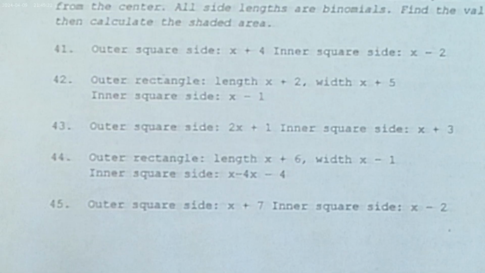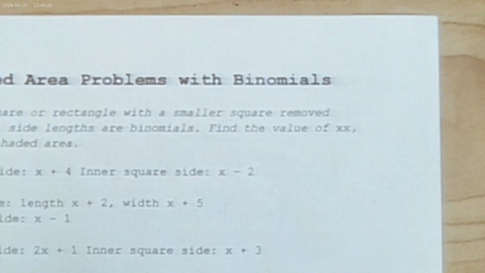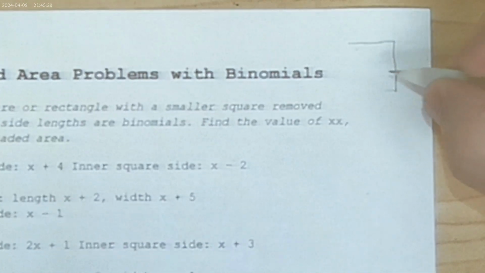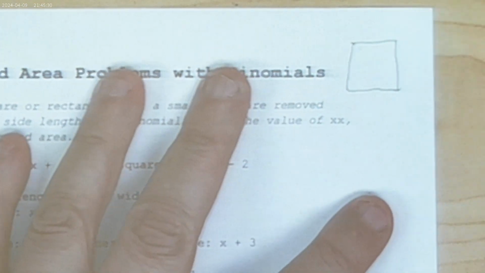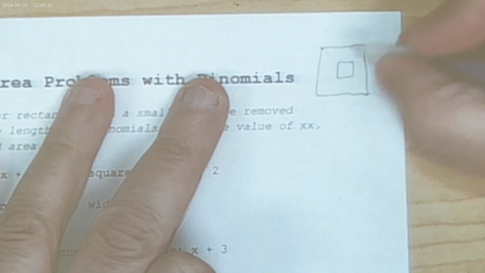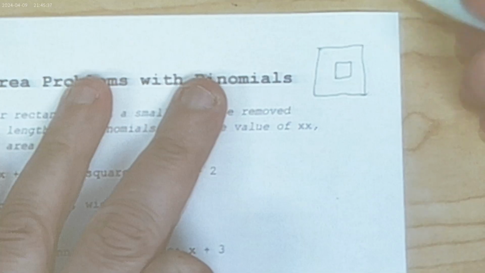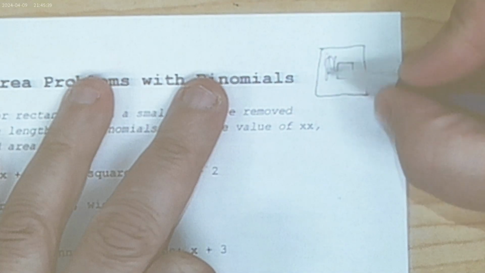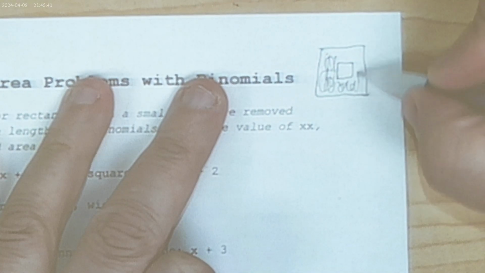Again, the premise of these problems is that you have some kind of quadrilateral, and within the quadrilateral in question, you have another quadrilateral that is lighter. And I say lighter because inside the first quadrilateral is a shaded area.